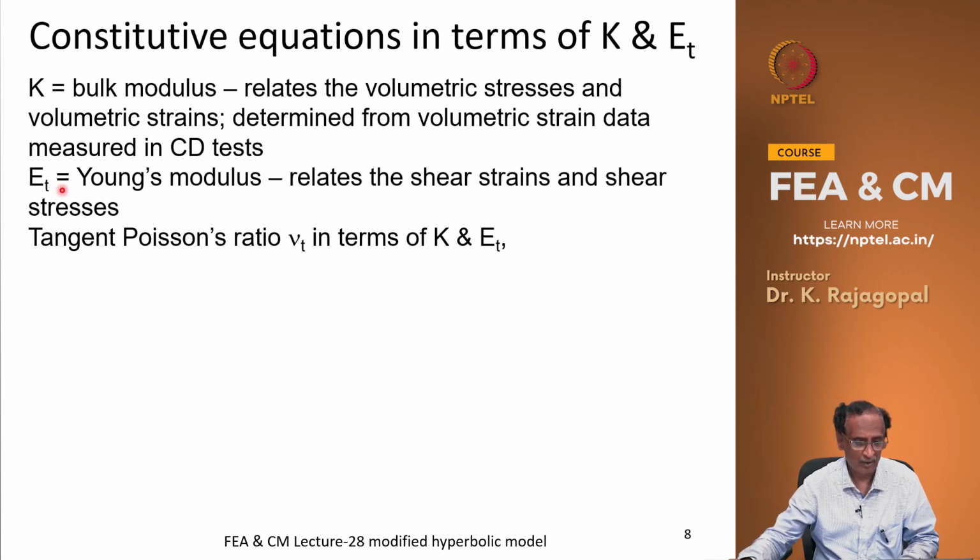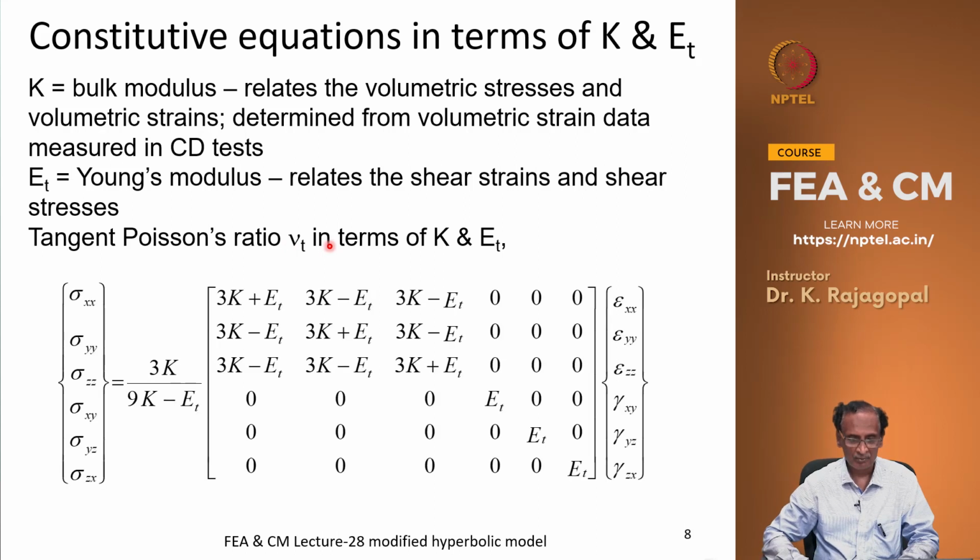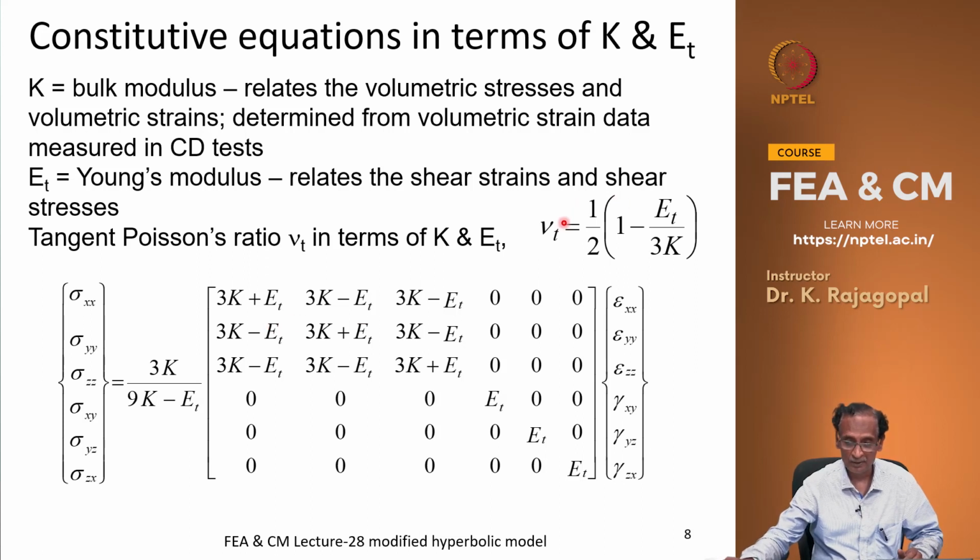And our Young's modulus Et relates the shear strains and shear stresses, and then the tangent Poisson's ratio nu T is written in terms of our K and Et as 1/2 of 1 minus E by 3 K. Okay, and our constitutive matrix, the relation between the stress and strain, can be written in terms of bulk modulus K and the tangent Young's modulus Et like this, and our nu T is 1/2 of 1 minus E by 3 K.